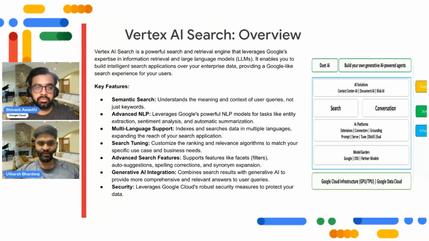Then comes advanced search features, which supports features like facets, auto suggestions, spelling corrections, and synonym expansion. Then comes generative AI integration. It combines the search results with generative AI to provide more comprehensive and relevant answers to your queries. Then comes security. It also leverages Google Cloud's robust security measures to protect your data.